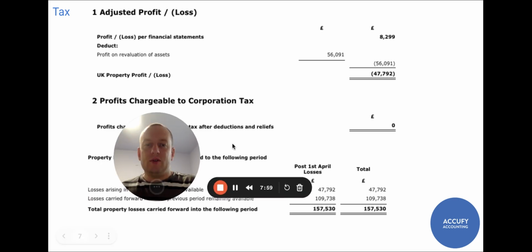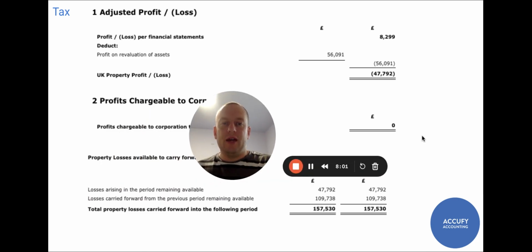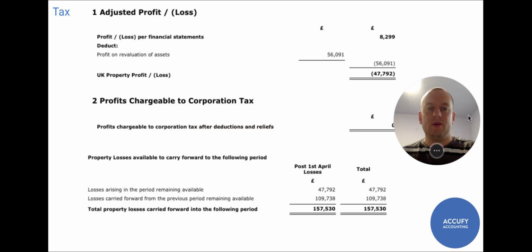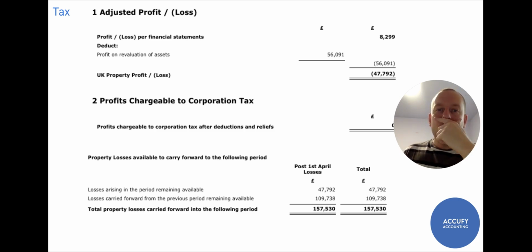What I've done now is, I'm not going to go through an entire tax return because that would take a long time, and I don't think it would be particularly interesting. But for the example we've just shown, I wanted to show an example of computations. This is some extracts from the tax computation just to show how corporation tax is calculated in this case.